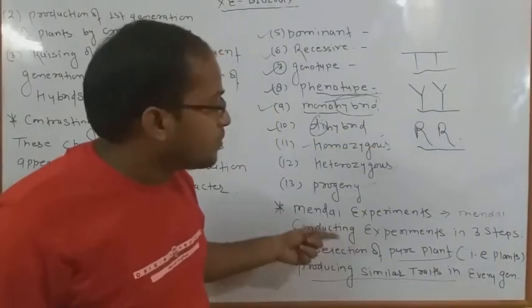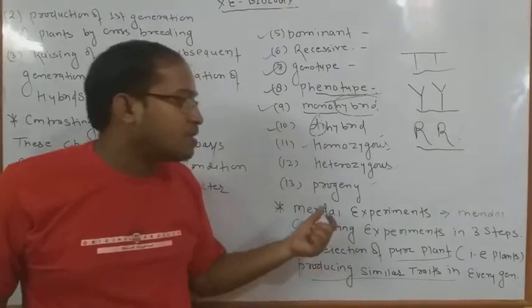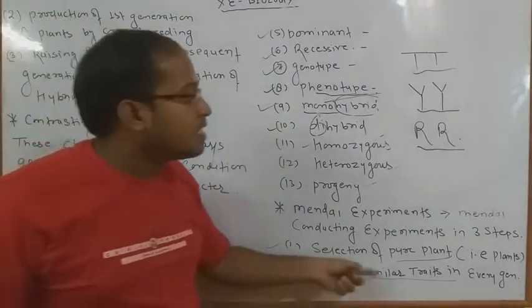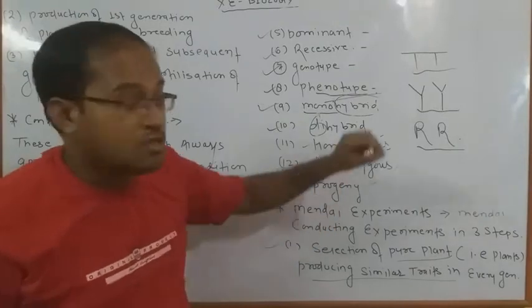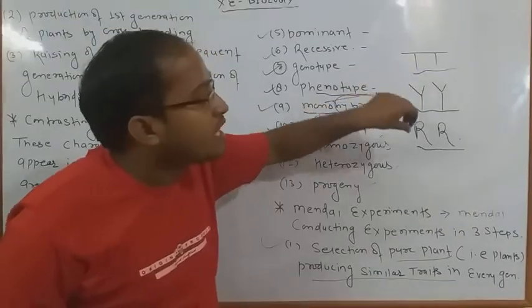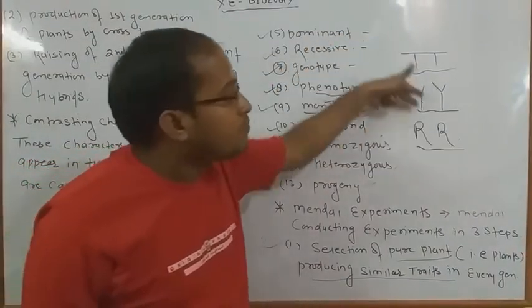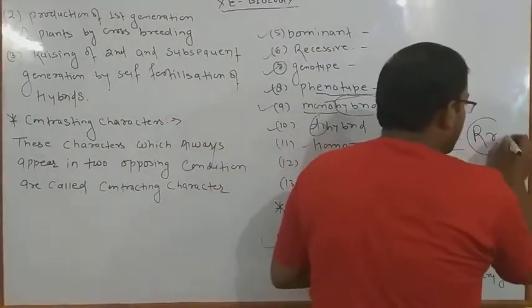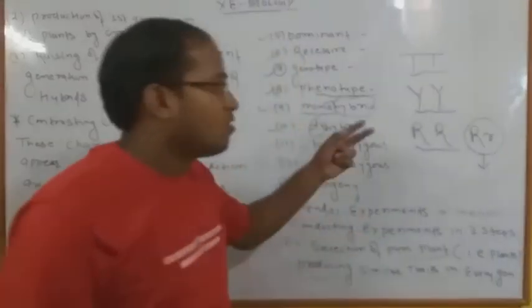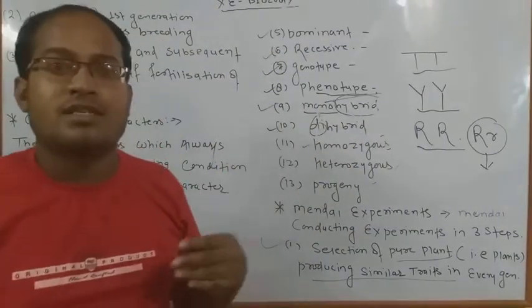It means the pure plants, in the first experiment done by Mendel, were taken in homozygous condition, not a heterozygous condition, because in homozygous condition they have taken the same type of compositions. If the compositions are of that type, they are called contrasting characters. We will discuss that in another video also.